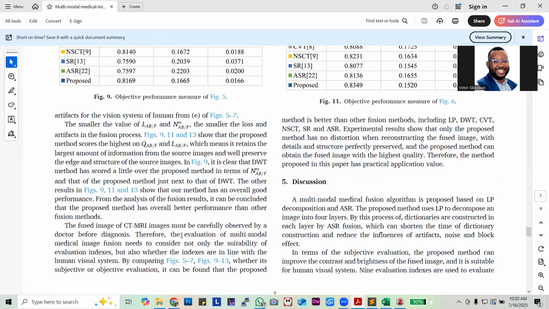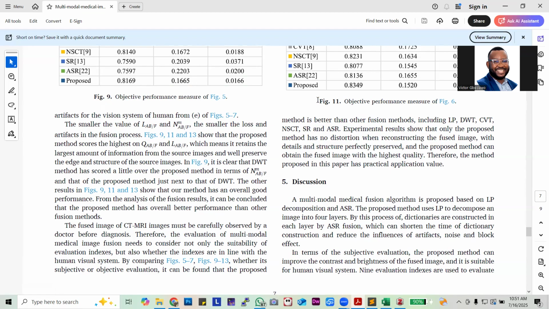Therefore, the evaluation of multi-modal fusion needs to consider not only the suitability of the evaluation indexes, but also whether the indexes are in line with the human visual system. So whether subjective or objective evaluation, it can be found that the proposed method is better than other fusion methods, including LP. All this is just gibberish. It didn't actually indicate what exactly.